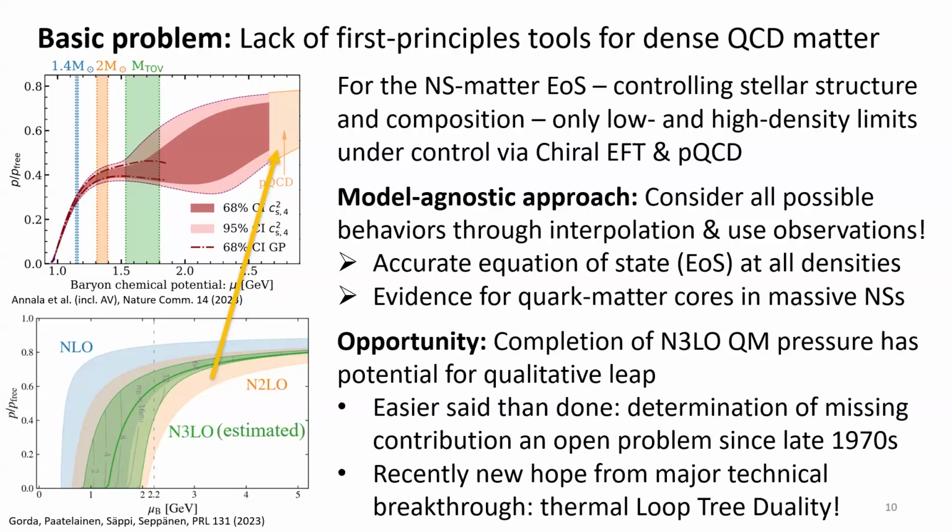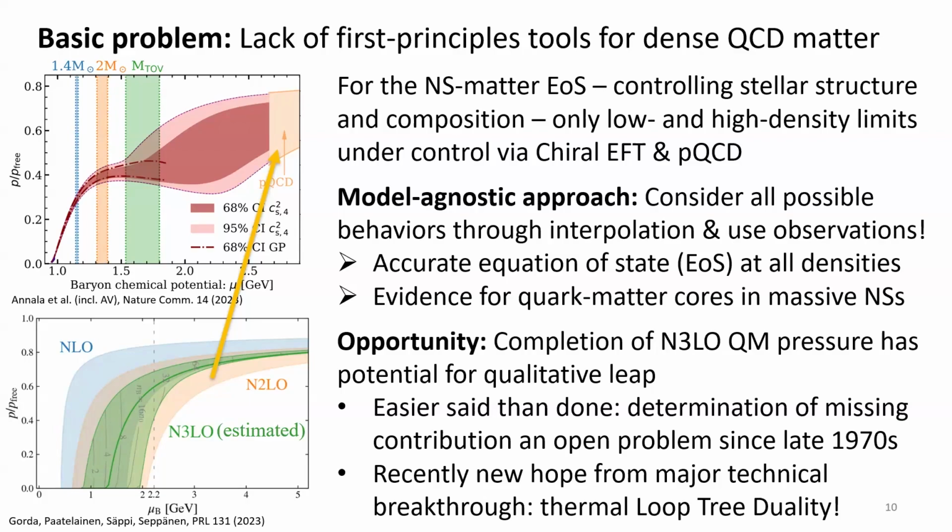Oh, yeah. So this is just for illustration. The idea is that this band stands for all the possible equations of state of neutron star matter. You can think of this band as being literally composed of millions and millions of individual equations of state.